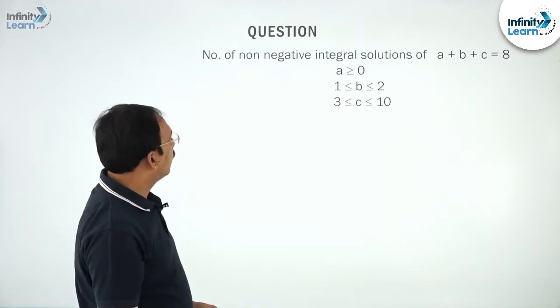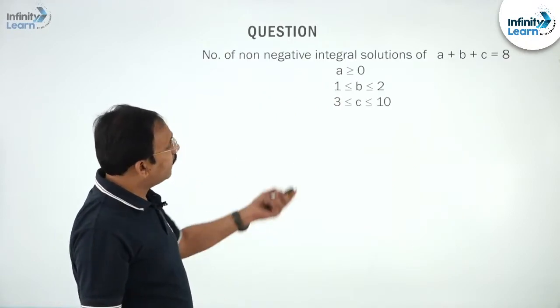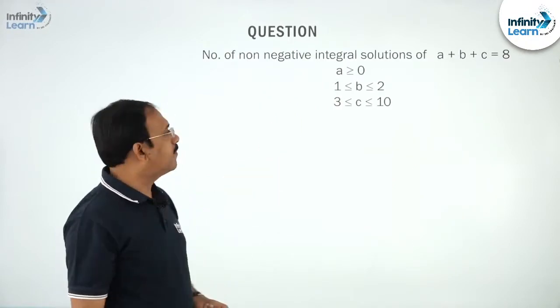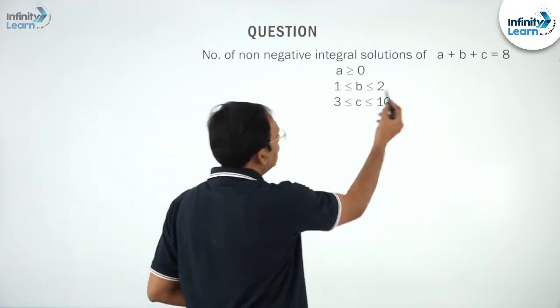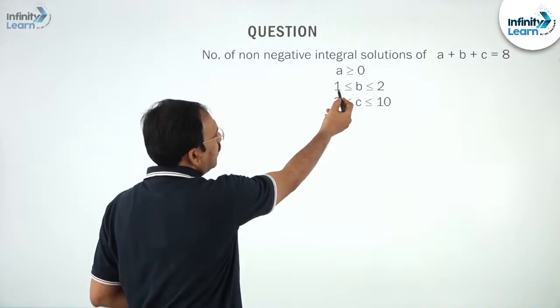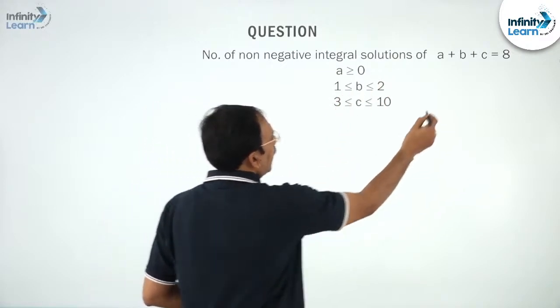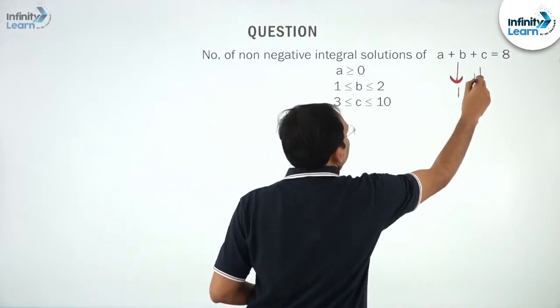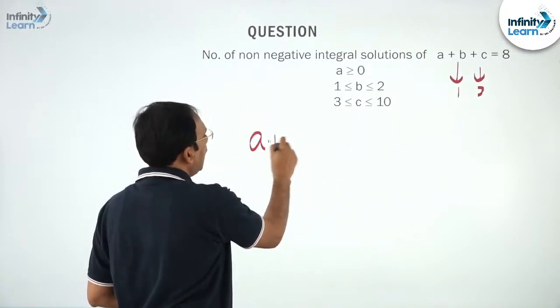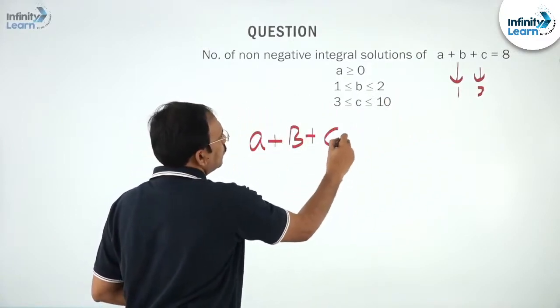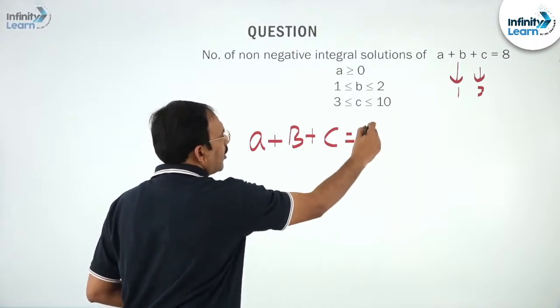Okay, fine friends, if an upper limit is given: a plus b plus c is equal to 8. First of all, b should contain minimum 1 and c must contain minimum 3. First give 4 balls to them. Now it is like a plus new b plus new c is equal to 4, 4 balls are done.